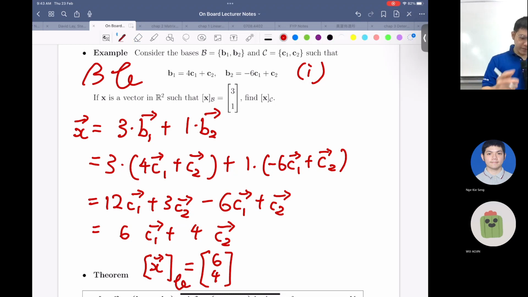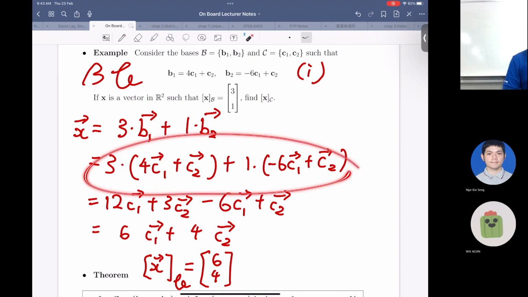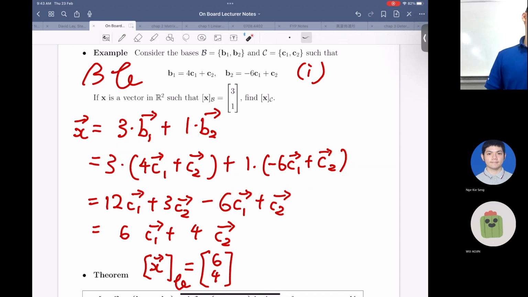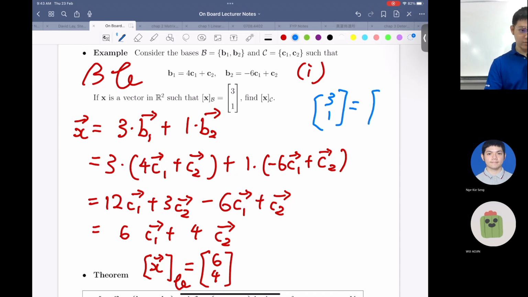Actually, what is happening here is a matrix multiplication. Can you see what matrix you should multiply to get the result from (3, 1)?